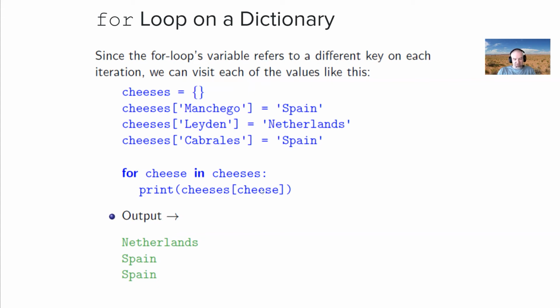Here you just index the dictionary using cheese, which is a variable that contains each key of the dictionary one at a time at each iteration of the loop. So you're saying cheeses Manchego in the first iteration, cheeses Leiden, cheeses Cabrales, and then it'll output the values for each of those keys, right? Again, the order here is not right because this is from old slides with a previous version of Python, but hopefully you get the idea.